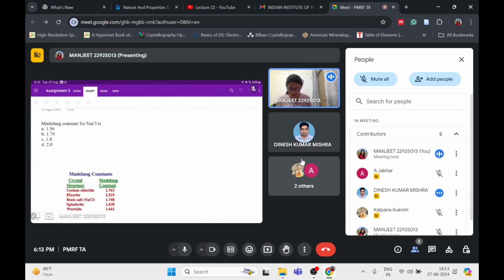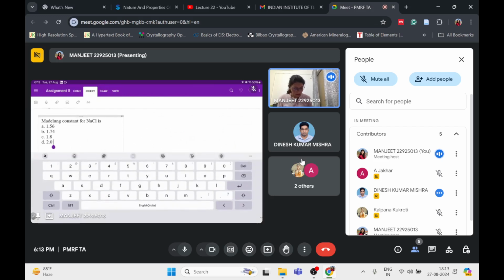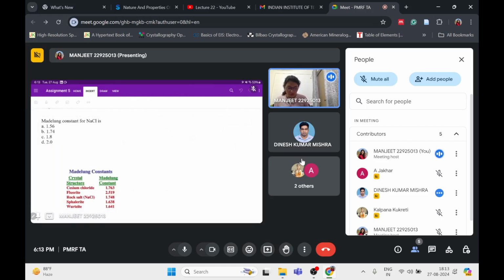In the second question, it is asked what the Madelung constant for NaCl is. This is a theoretical question where you simply have to remember the formula related to the Madelung constant. It is something like minus iota raised to power Ni.